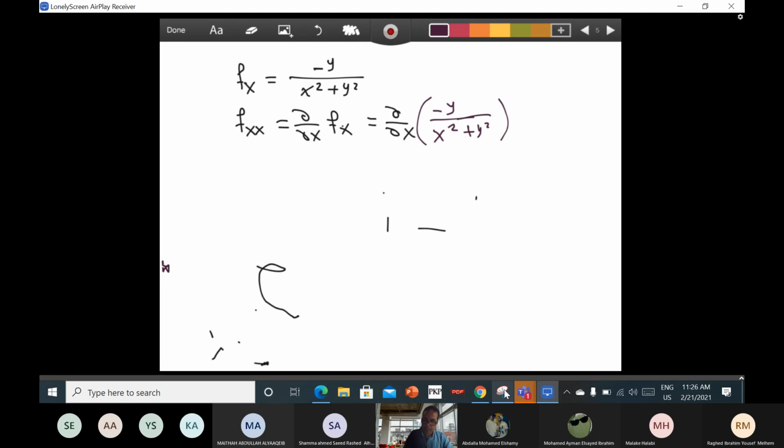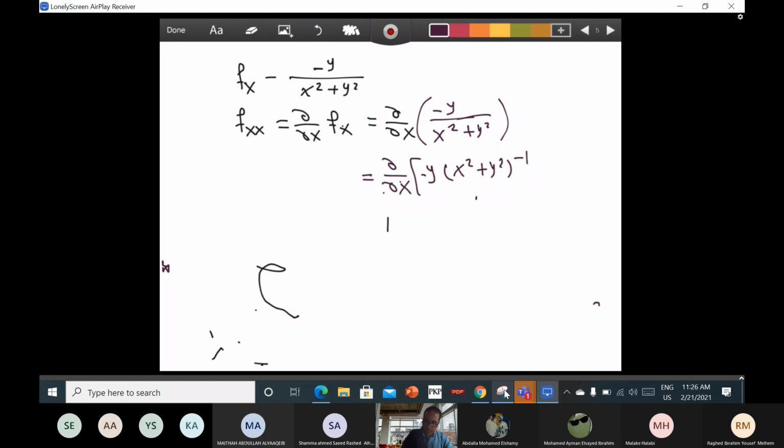It is easy to take this one up because 1 over x is x to the minus 1. So I'm going to write this one as partial by partial x for y minus y x squared plus y squared to the minus 1.